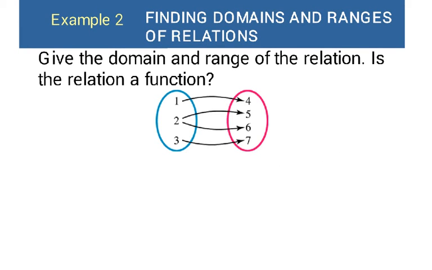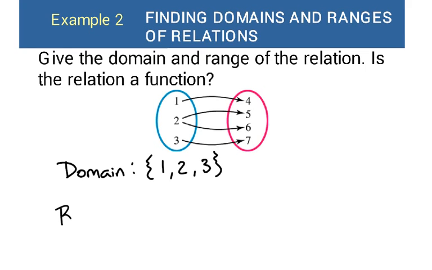Okay, here we have a mapping. It says give the domain and range of the relation. Is the relation a function? So domain and range, pretty simple here. Domain comes from what's in this blue circle here. So 1, 2, and 3.